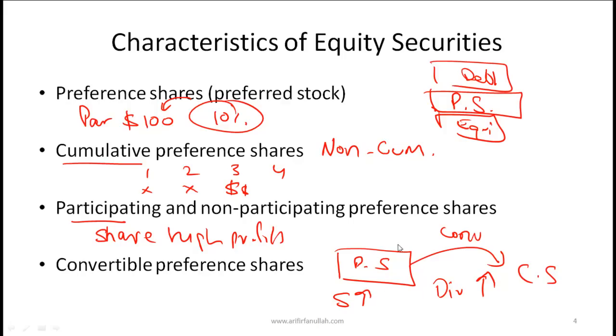So if the share price is low, then the investor will just maintain the preferred shares and get his decent dividend, so he benefits there. If the share price starts going up, then the preference shares can be converted into common shares. So clearly convertible preference shares, even though they have some characteristics of common shares, are less risky than common shares, and hence the expected return on these will be lower than the expected return on common shares.